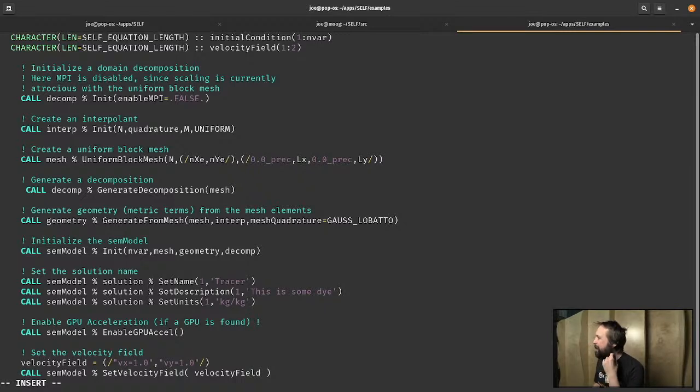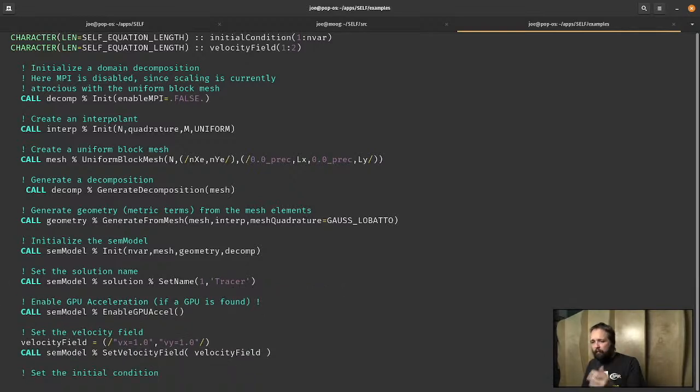Eventually, the idea is to take this metadata that you would set and inject it into the HDF5 output. So what I want to do ultimately is get a plugin written for ParaView, for VisIt, and some of these other tools so you can work with those HDF5 outputs natively. We also have Tecplot output, and I'm still working on getting the metadata integrated into there. But the idea is you could set your solution information there.